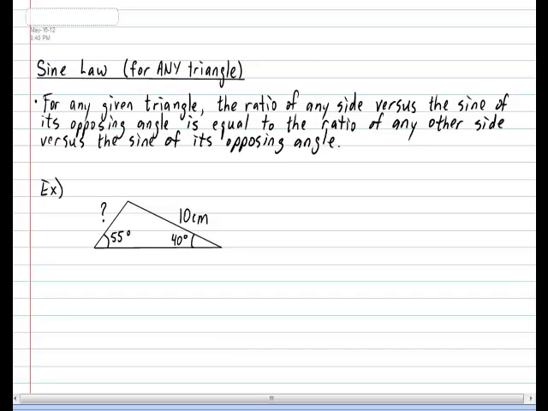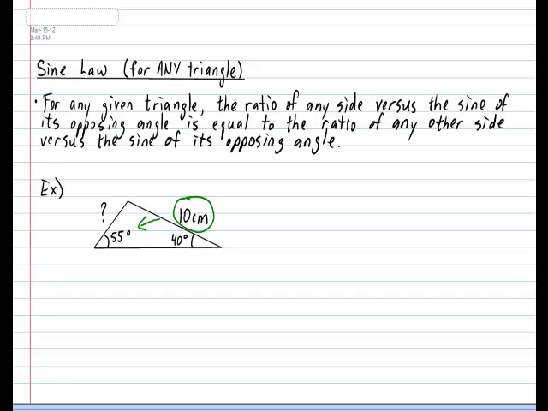Alright, let's take a look at how the sine law works. Let's break down the theory of the sine law piece by piece. First, the sine law states that the ratio of any side versus the sine of its opposing angle. Let's form that ratio. So what I'm going to do is take the 10 centimeters right here, and form the ratio with the sine of its opposing angle.